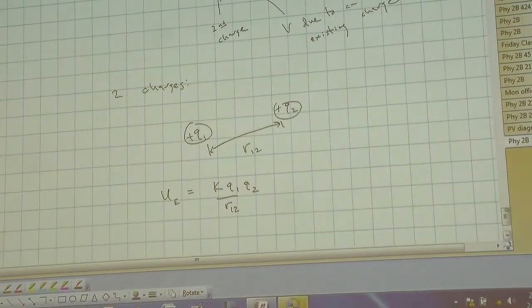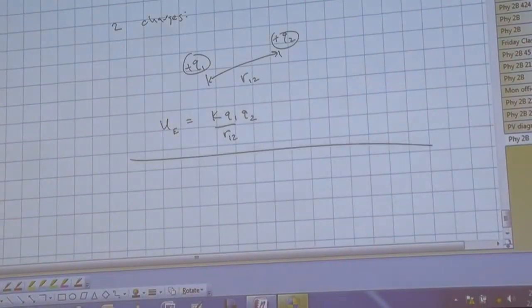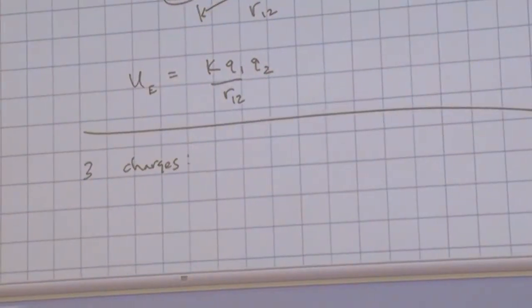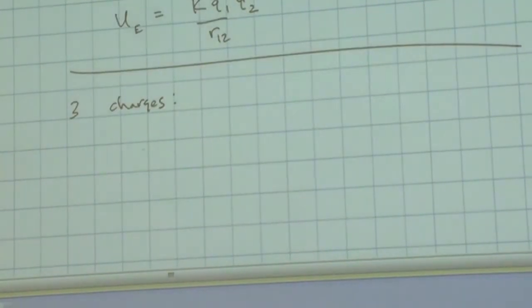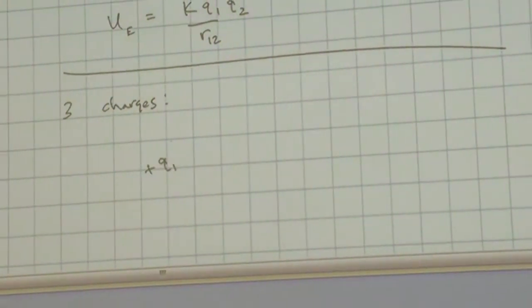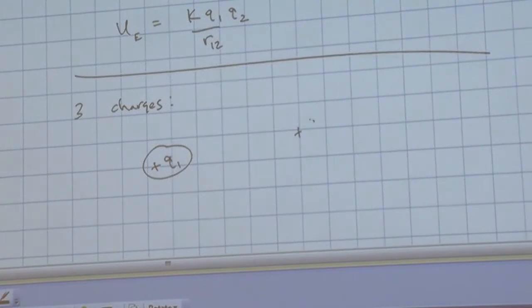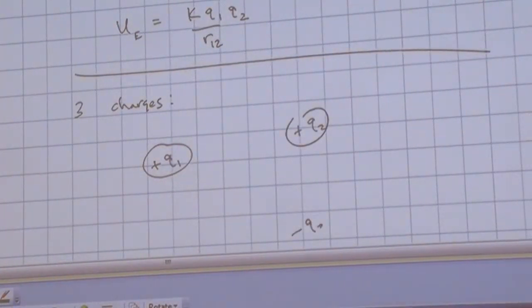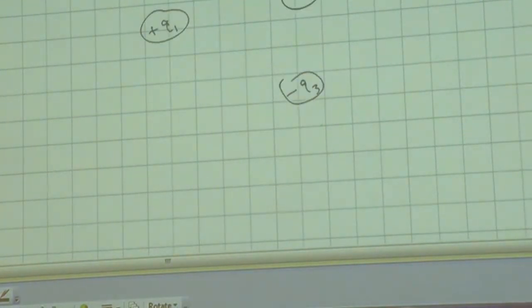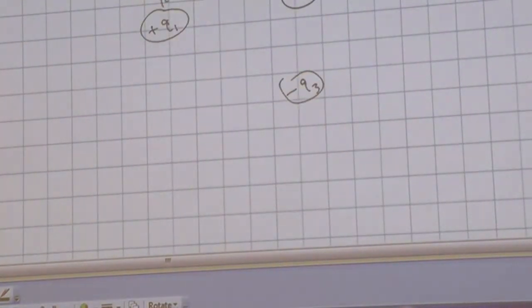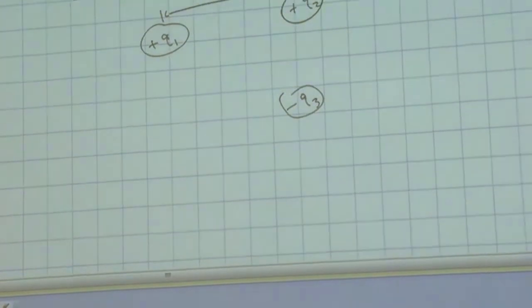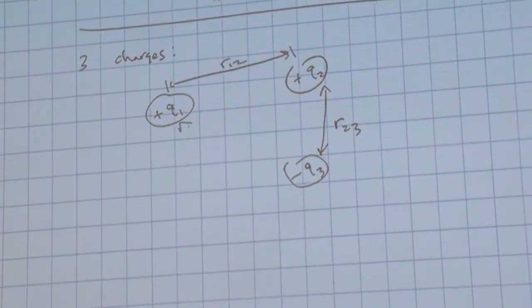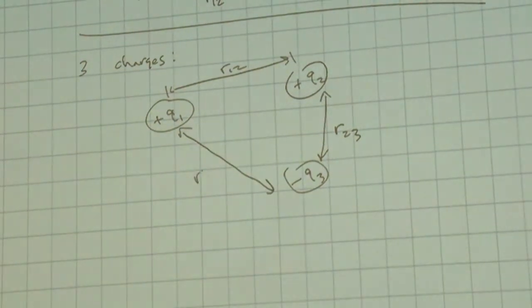Now let's do three charges. Make that one positive, and that one positive, and then we'll bring in a third one minus. And this is R12, R23, R13.